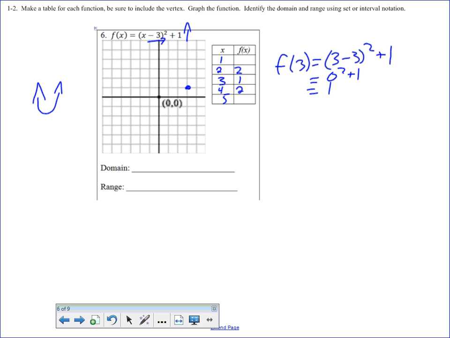When I plug in 1, and I'm not doing all the points because I would hope that you could do the arithmetic. So I plug in 1 and I will get, for example, 1 minus 3 squared plus 1 is -2 squared plus 1, which is 4 plus 1, which is 5. As it turns out, 5 will give me the same value.